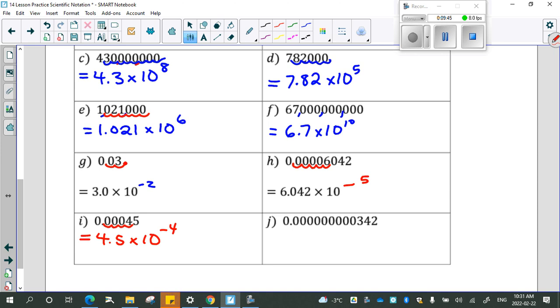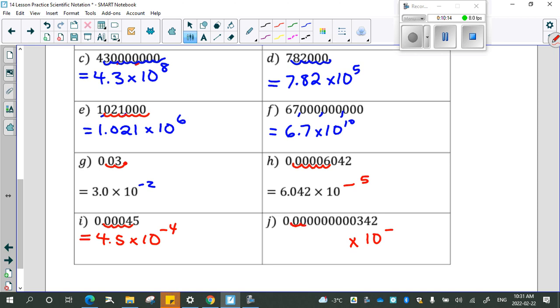Okay, so knowing that, Paul, that's going to be some number times 10 to the negative something. See if you can figure out what J would be. Close.